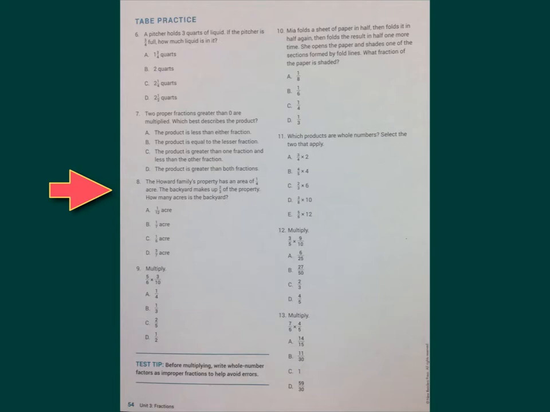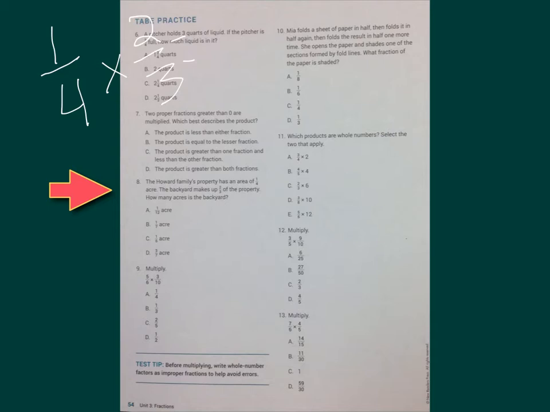Number 8 reads, the Howard family property has an area of 1/4 acre. The backyard makes up 2/3 of the property. How many acres is the backyard? So what are we going to do? We're going to say 1/4 times 2/3.